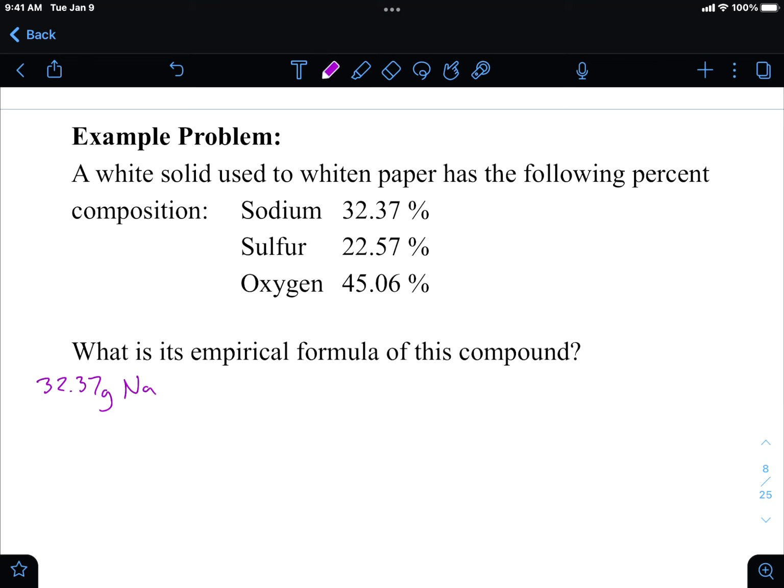So I start with that many grams of sodium (23 grams per mole). All right, so this is 1.407 moles of sodium.